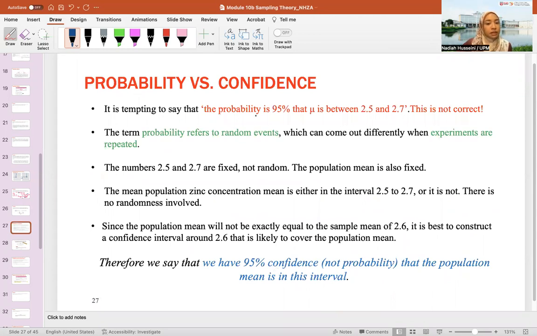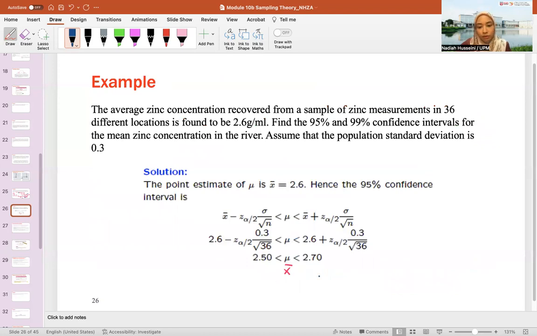It is tempting to say that the probability is 95% that mu is between 2.5 and 2.7. So look at our solution here. We are saying that our population mean is between 2.5 and 2.7, right?